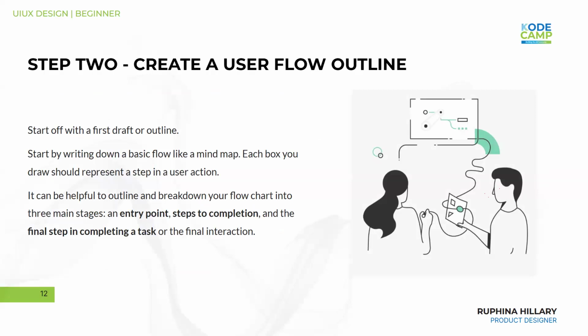It can be as simple as just writing text and using arrows. Okay, this is what I want my users to do with my application. They go here, they see this, they click on this, they see this, they click on this, they see this.